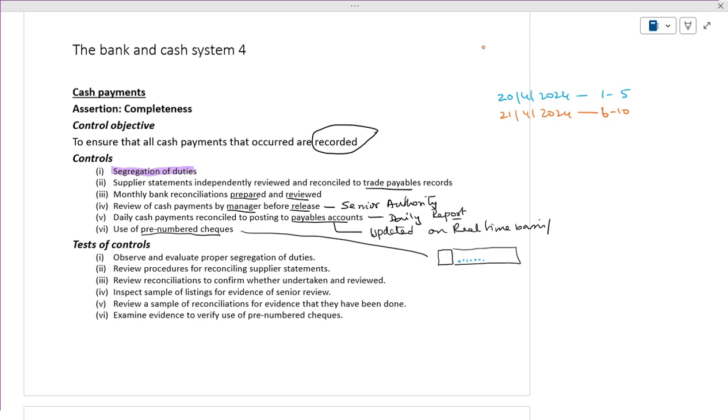Controls are precautions we are taking. We should not write in an examination that it can be prevented, never. If somebody wants to do it, they have 100 million ways to do it.